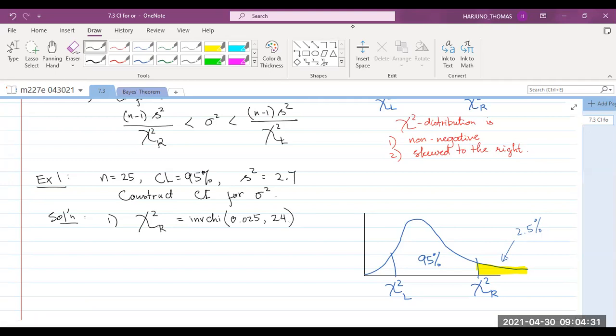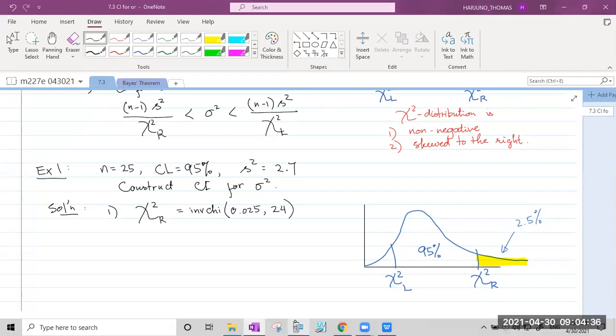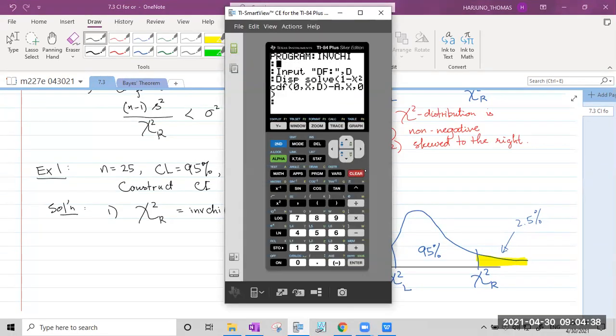Now let's take a look on our calculator, how to punch it in. Oops, what did I do? Exit quick. Did I change the program? No, okay, good. So I call the program first, click program and inverse chi.